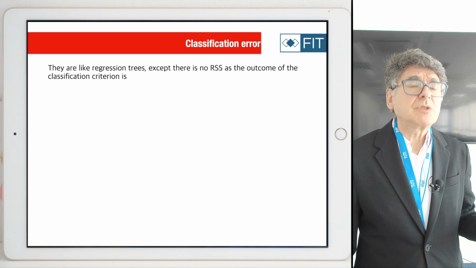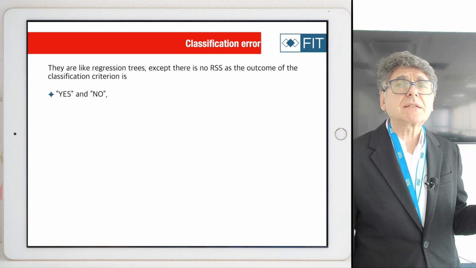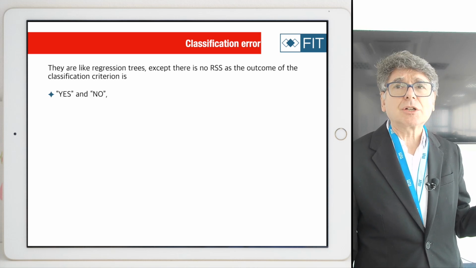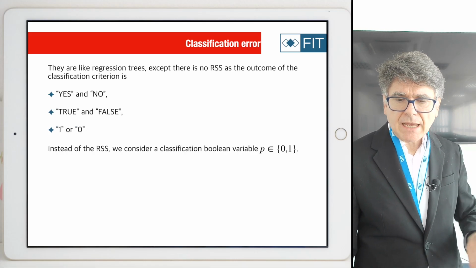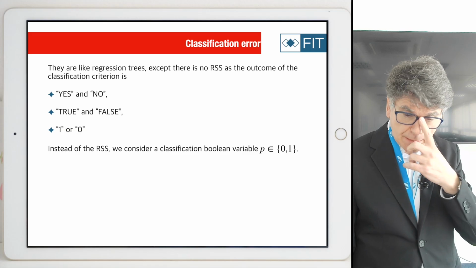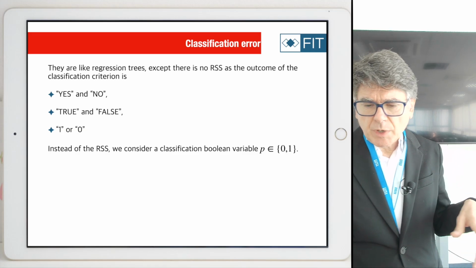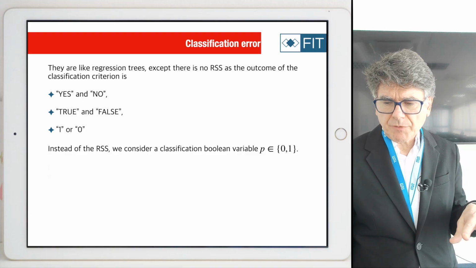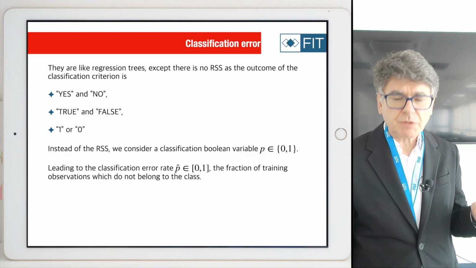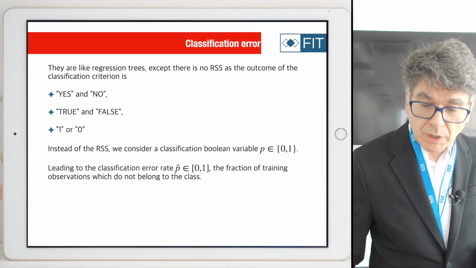So in that case, you do something very similar. You replace the real value that we had earlier by a yes or no, a Boolean variable, true, false, 1 or 0, okay? And instead of the residual sum of squares, we end up with a classification Boolean variable, which is either 1 or 0, leading to an error rate, which is between 1 and 0.